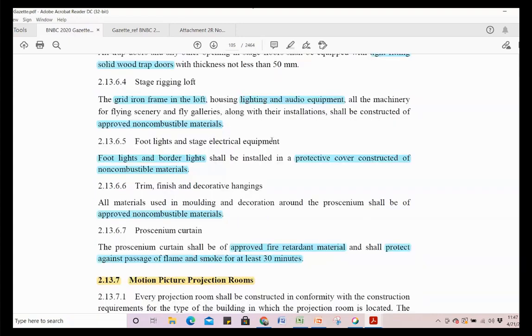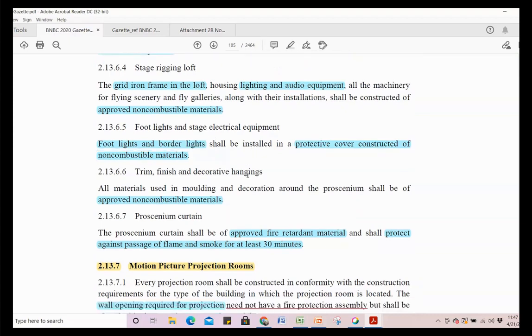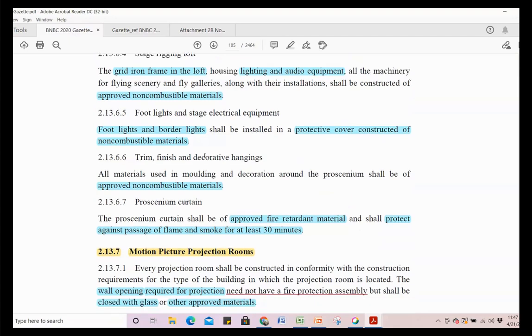Footlights and stage electrical equipments. There will be many footlights and stage electrical equipments. So for them, they shall be installed in a protective cover constructed of non-combustible material. So there must be special measures to protect them with protective cover made with non-combustible materials. Trim, finish and decorative hangings.